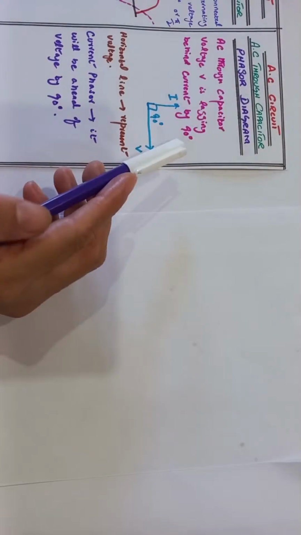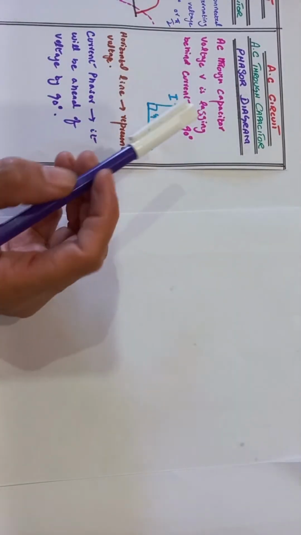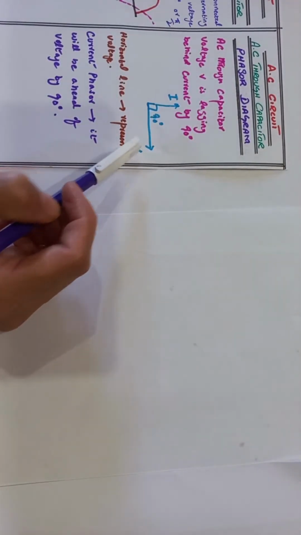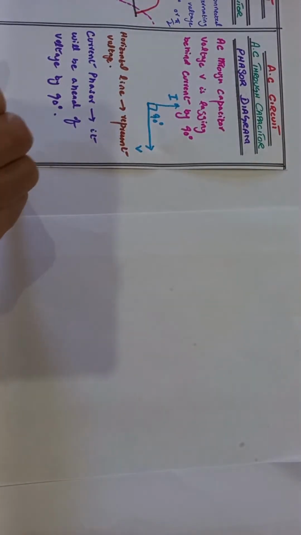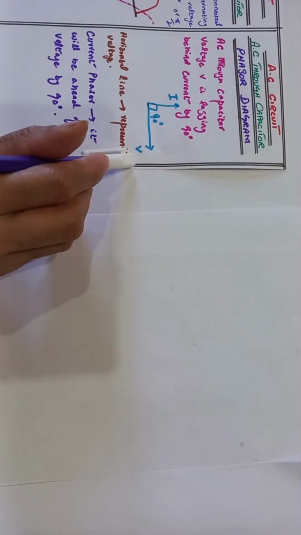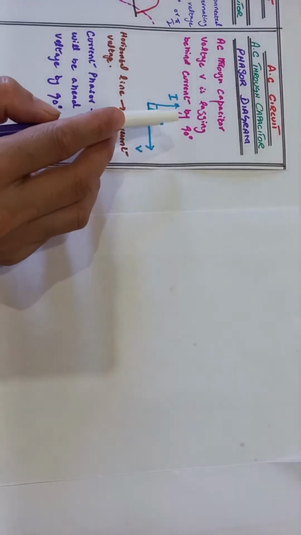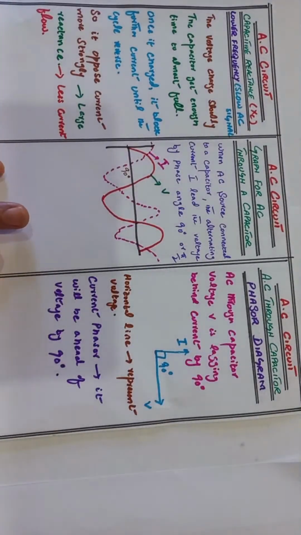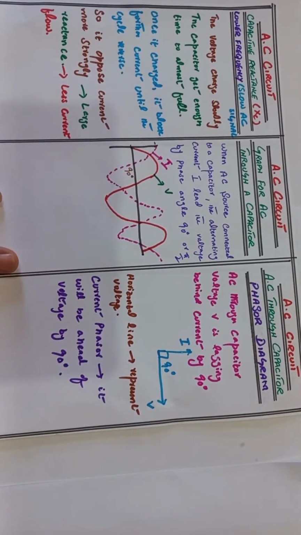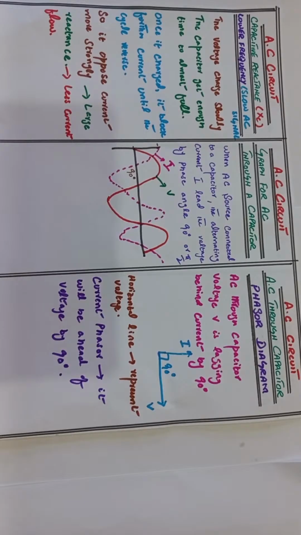So here we discuss the phasor diagram. When we apply AC through a capacitor, the voltage is always lagging behind the current by 90 degrees. The horizontal line represents the voltage, and the current phasor always leads the voltage by 90 degrees. So we discussed AC through a capacitor.